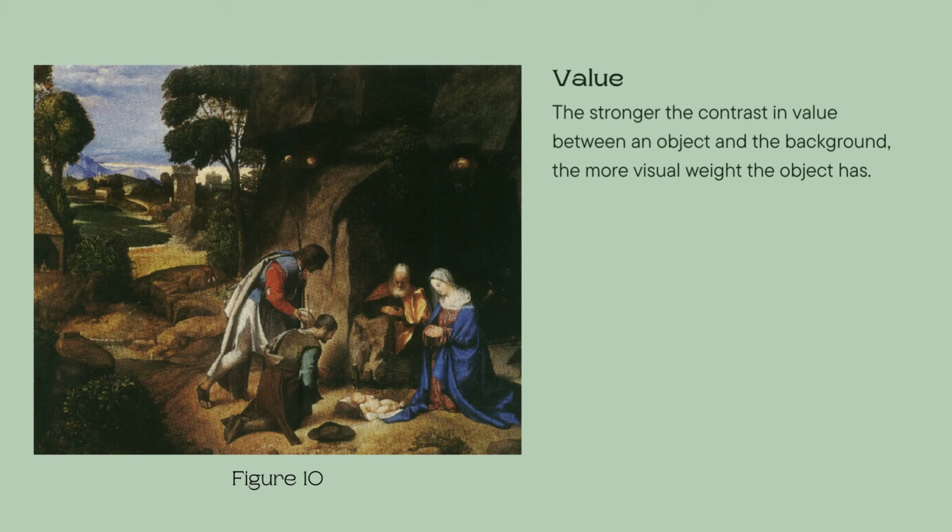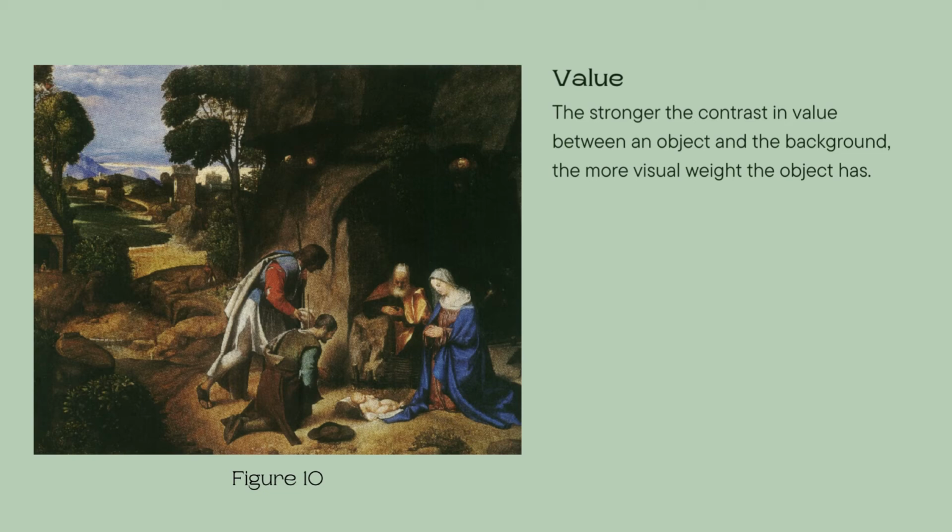If you look at figure 1O here, this is an oil on canvas painted by Giorgione, entitled the Adoration of the Shepherds. The face and head scarf of the Virgin are no lighter in value than the infant on his blanket or the shepherd's white skirt.